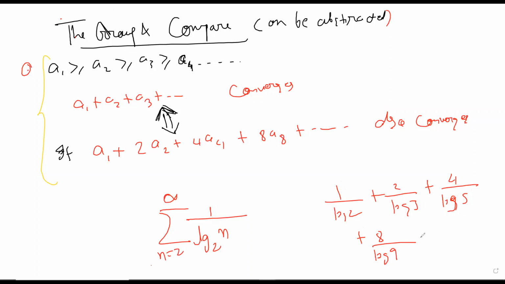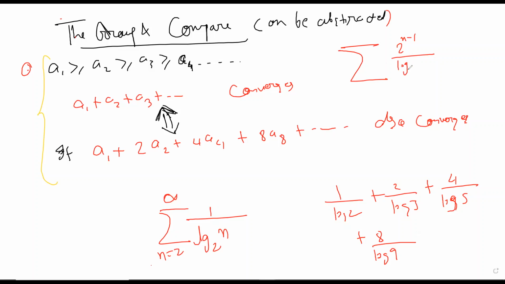So you will get sigma 2 power n minus 1 divided by log n.